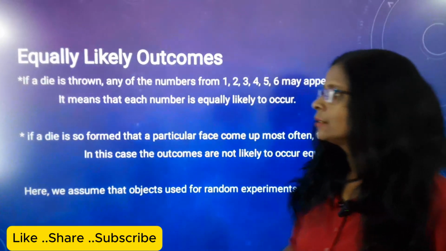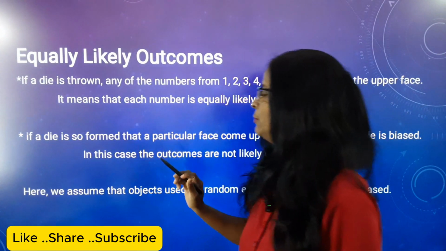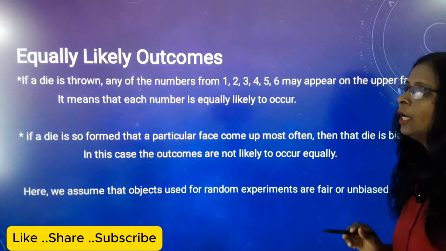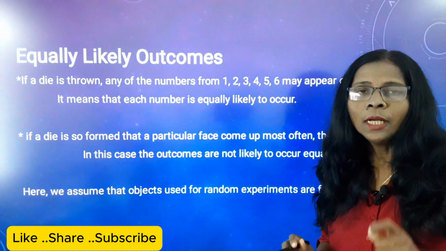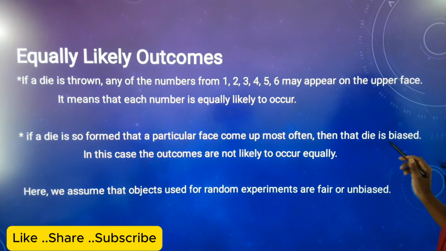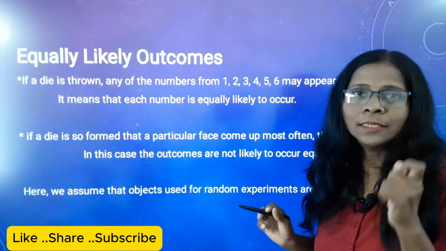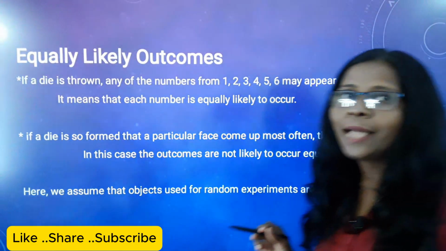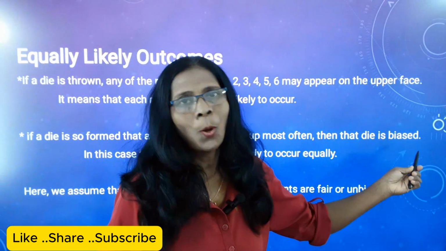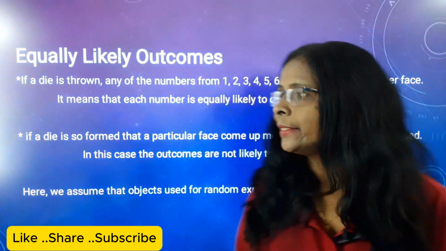If a die is so formed that a particular face comes up most often, then that die is called biased.